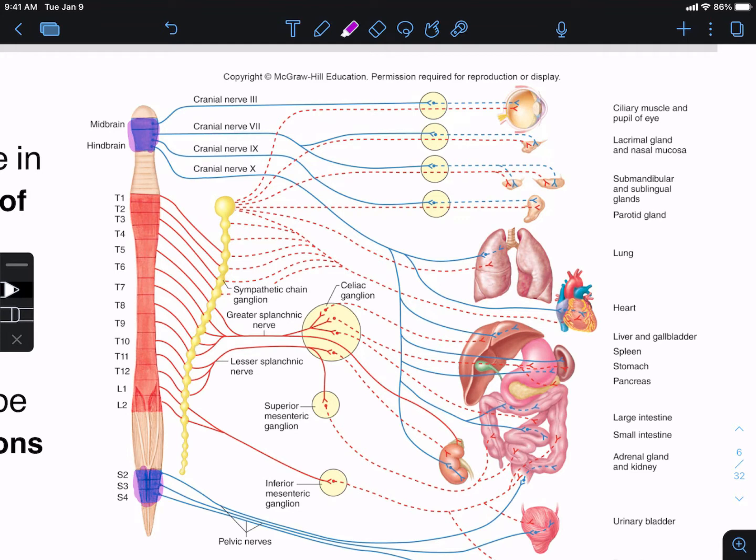These particular neurons have very long preganglionic axons, and the ganglion for these are very close to the organ that is being affected. And so the postganglionic structure found here is very short.